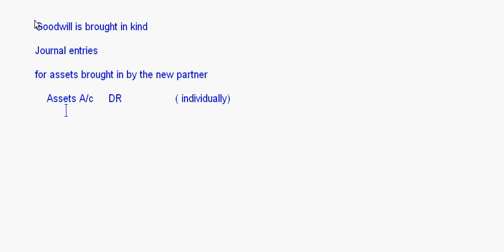So assets account debit to new partner's capital account and to premium for goodwill account. Fine, this is the first entry.